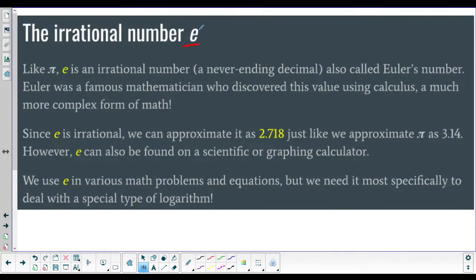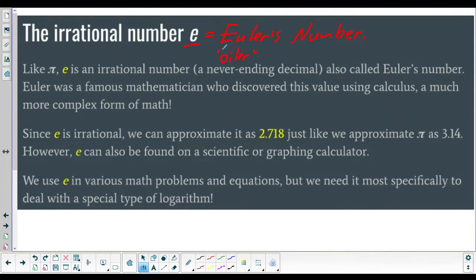The fancy name for this is Euler's number. You're going to say, Mr. Brown, that's Euler, Euler's number.